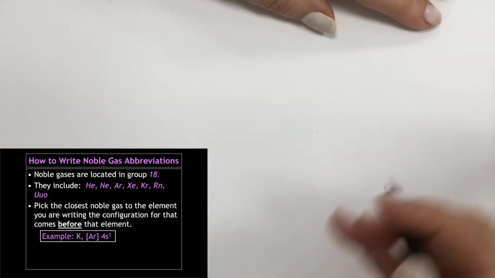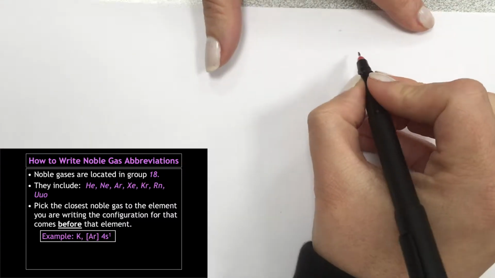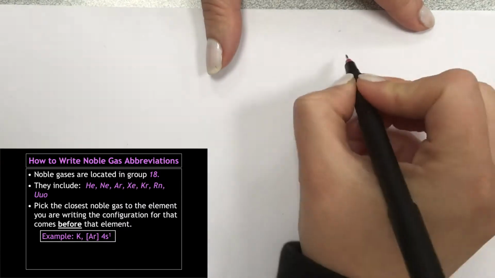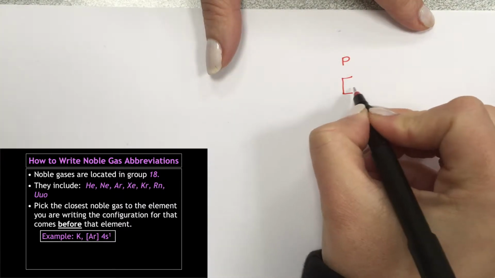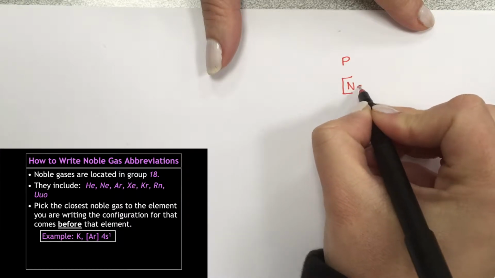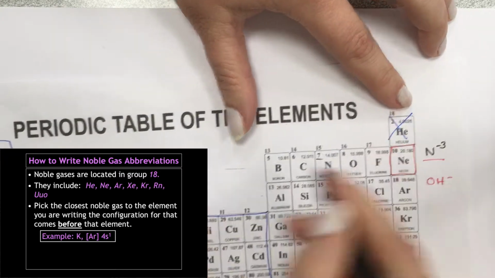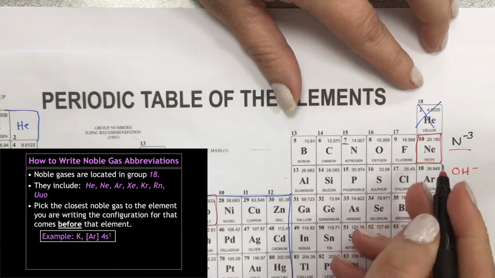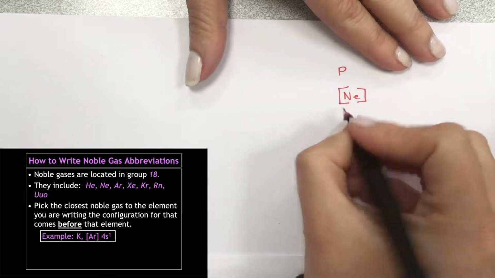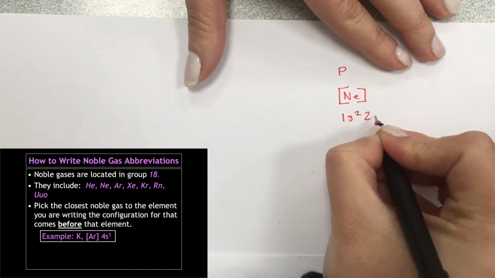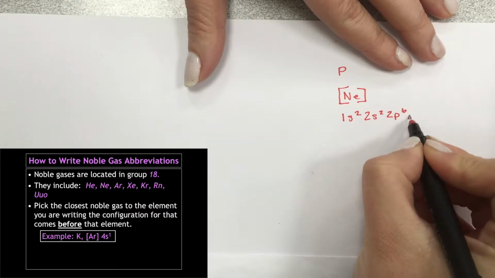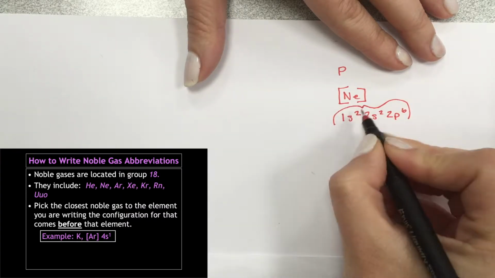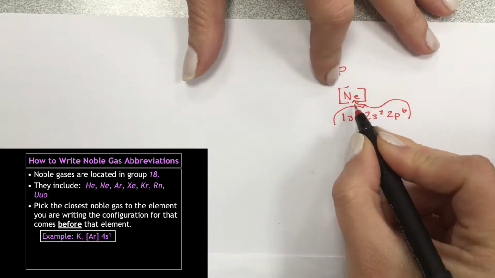So you would write it, for example, phosphorus, that's a P, okay? So you would write the noble gas in brackets. That noble gas, remember, was neon. Instead of writing 1s2, 2s2, 2p6, all of that was replaced by this bracket.